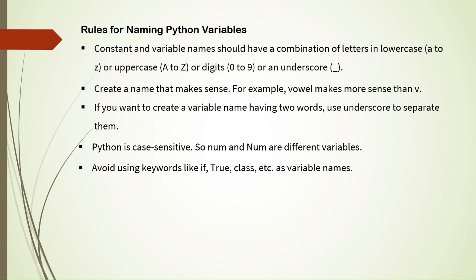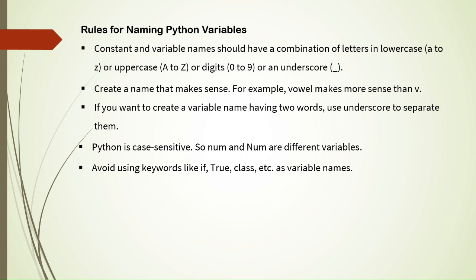Rules for naming Python variables. Constant and variable names should have a combination of letters in lowercase, that is a to z, or uppercase, capital A to Z, or digits 0 to 9, or an underscore. Create a name that makes sense. For example, vowel makes more sense than v.